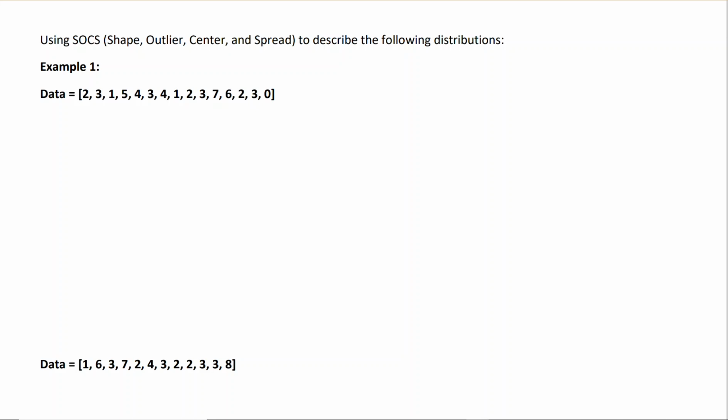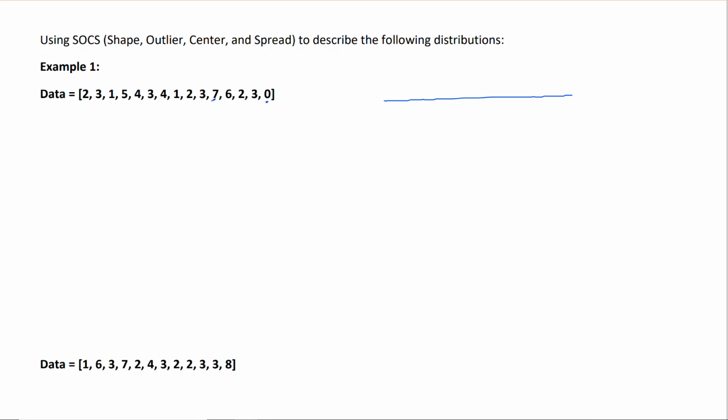So here, let's draw the histogram first, so that you can describe the shape of this distribution. When we look at the data, the minimal is 0, the largest is 7.